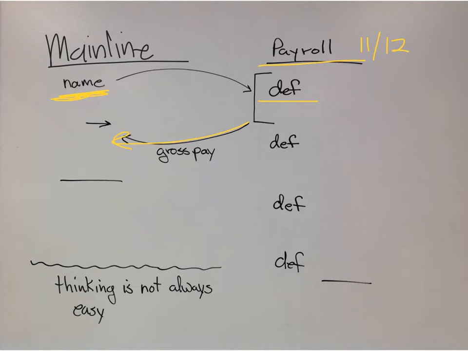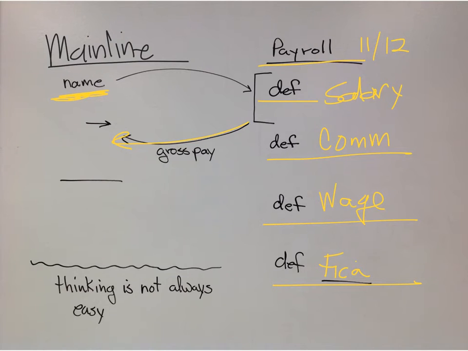So you can have a function for salary. I believe we have another one, commission, wage, then you have a function for FICA. This would be ideal if you set it up like this. You could put these in separate files or one big file. Then use a mainline program and call the functions when you need them, get the results back.